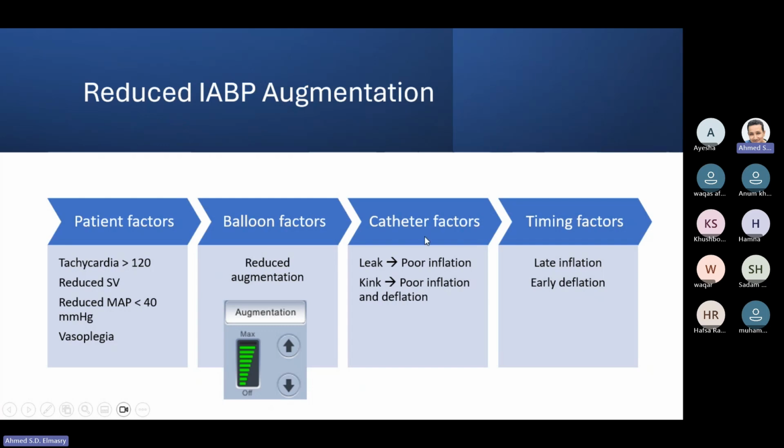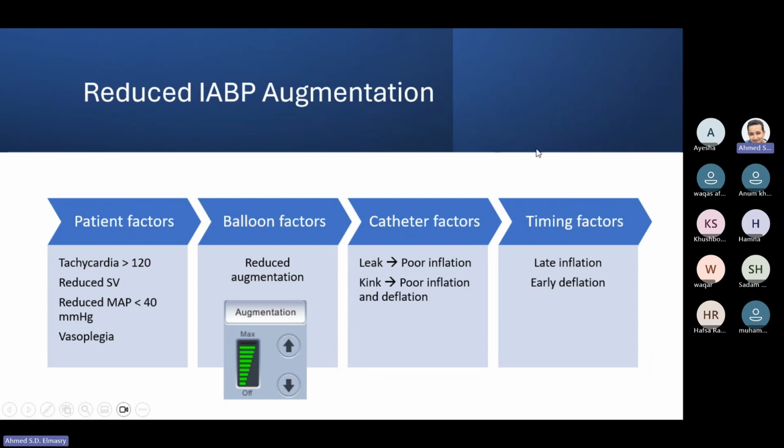The factor related to the catheter: if you have a catheter leak, you will have poor inflation of the intra-aortic balloon, and you will not get optimum augmentation. And also, if you have a kink, you will have poor inflation, and also you will not have the proper deflation of the intra-aortic balloon, and both will affect the augmentation.